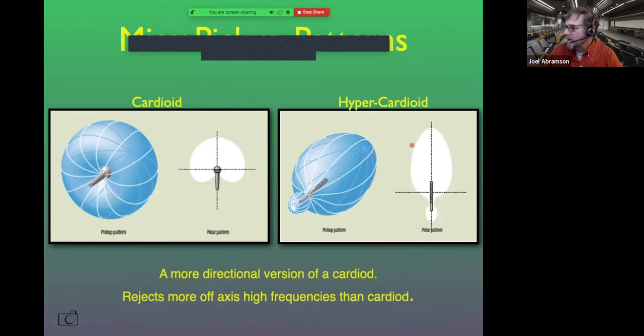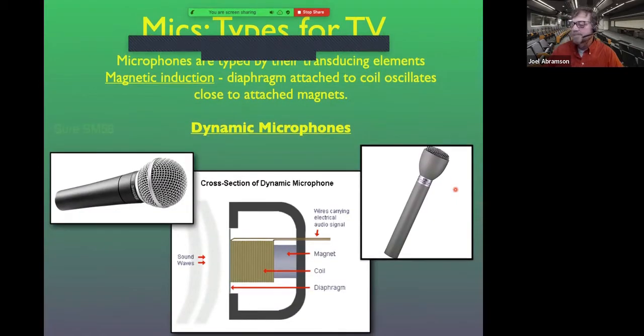That's what you get with the hypercardioid and supercardioids. I've even heard some people have a class of microphones that are just shotguns that are even more than the super or hypercardioids.